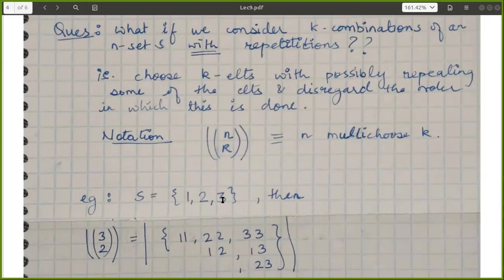1, 1, 1, 1, 1, 2, 1, 1, 3, 1, 2, 2, 1, 2, 3, 1, 3, 3, 2, 2, 2, 2, 2, 3, 2, 3, 3, 3, 3, 3.